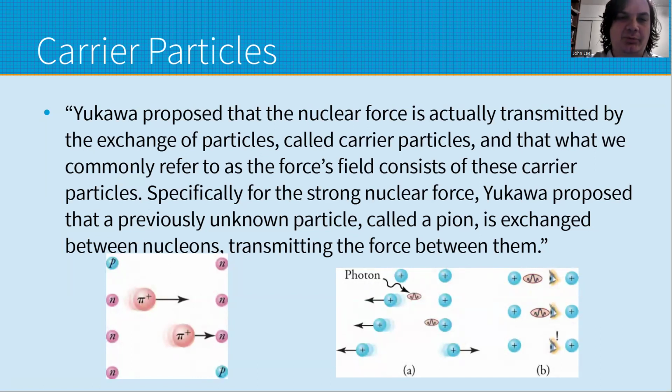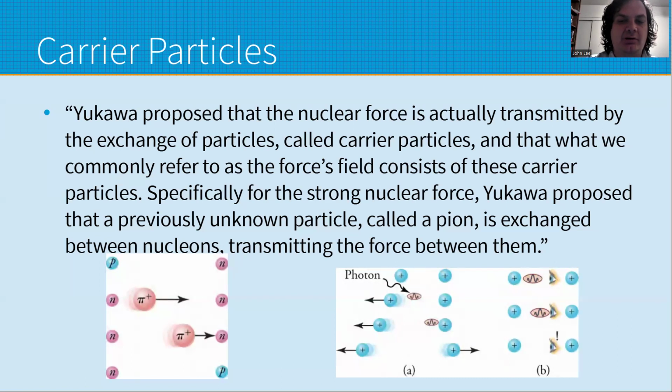So Yukawa proposed that the nuclear force is actually transmitted through the exchange of particles, which were referred to as pions. Then there was further development, with the idea that the electromagnetic force was mediated by another gauge particle, where a gauge particle is the name for a particle which mediates a force, called the photon, which we've already talked about quite a bit.